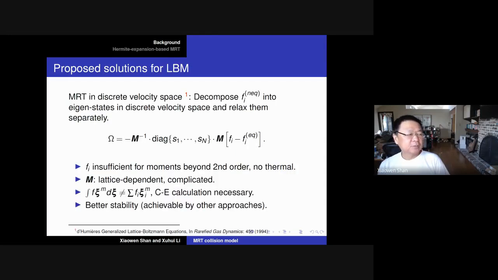Also in the Lattice Boltzmann, there is this very well-known MRT model, but in the discrete velocity space. And I think this was started in 1994 by d'Humières.